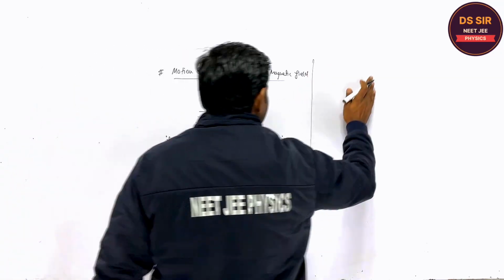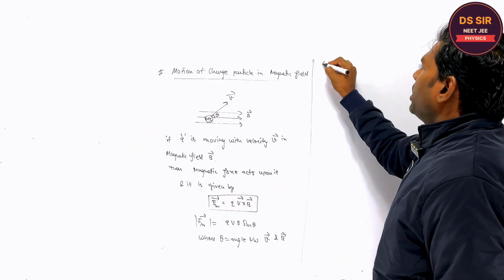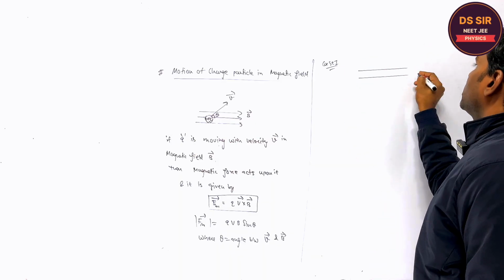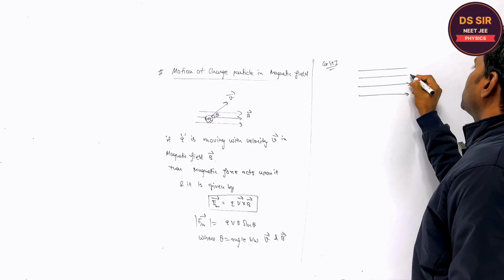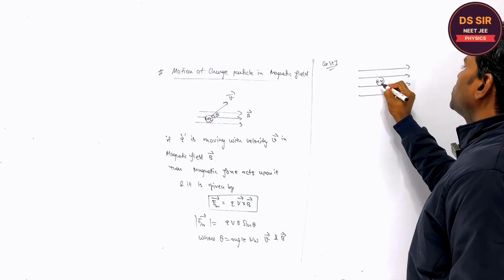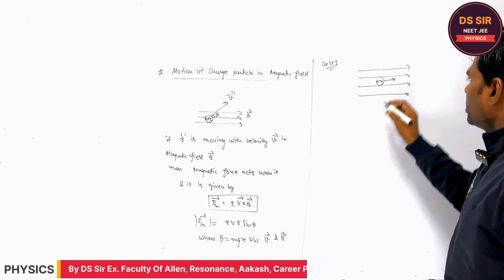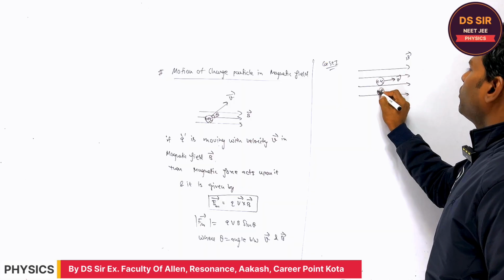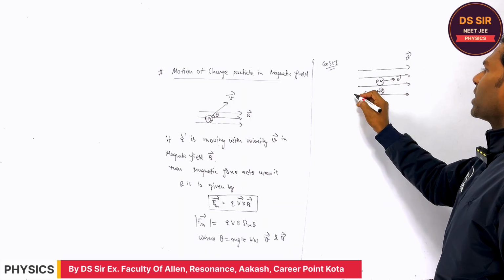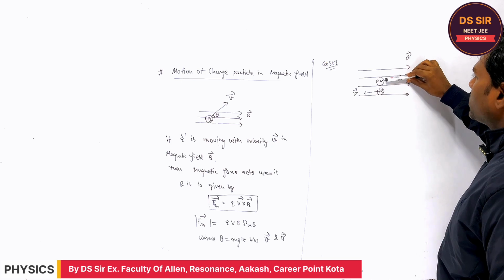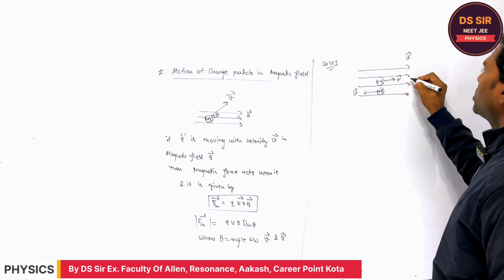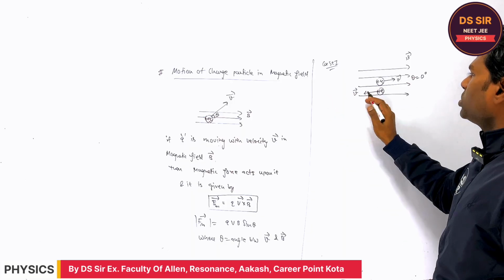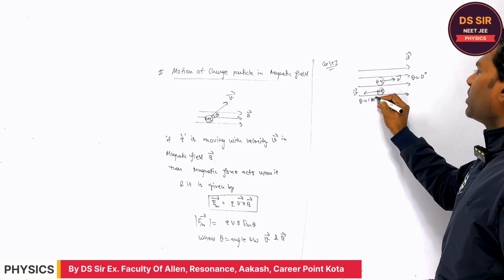In case 1, the magnetic field is in this direction and the charged particle is either moving in the same direction as B, or opposite to the magnetic field direction. When V and B are in the same direction, theta is 0 degrees, or when it is moving opposite, theta is 180 degrees.